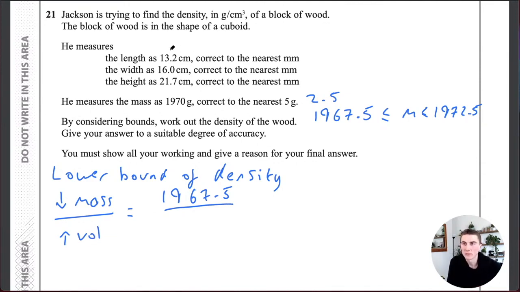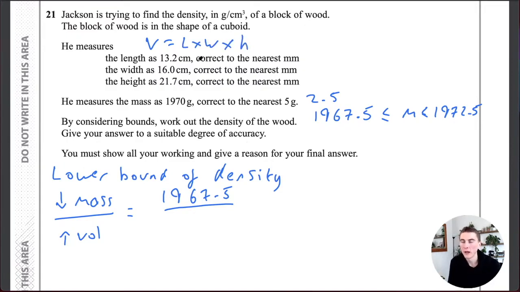So now we need to go through and find the upper and lower bounds of all of these as well. First of all, to find the volume of a cuboid, you multiply the length by the width by the height. So volume equals length times width times height.